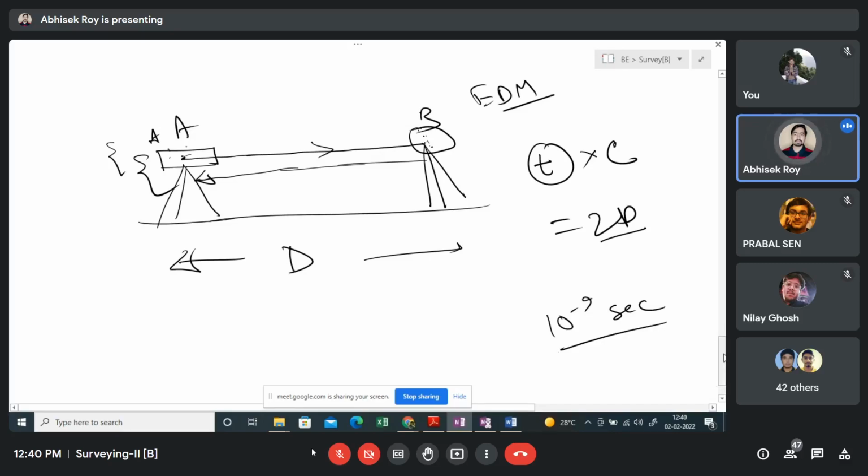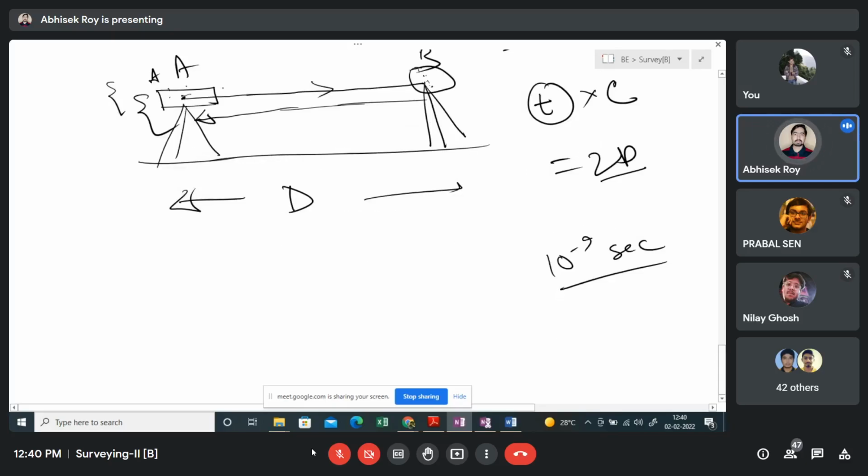Now, how will it actually measure? It will actually measure 2D, which will be the distance. It will measure how many wavelengths it has completed. Say n numbers of full wavelengths it has completed, right? And some part of a wavelength will also be there, where it can hit B, say at this point or at this point, and it can hit back like this.